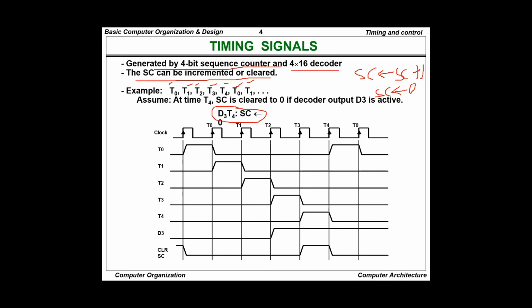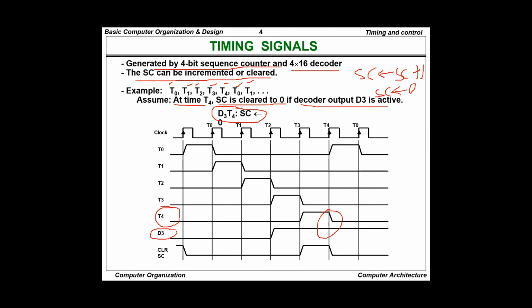At the time T4, SC is cleared to 0 if decoder output D3 is active. So this is my D3. If decoder output D3 is active at T4, then your sequence counter is cleared.